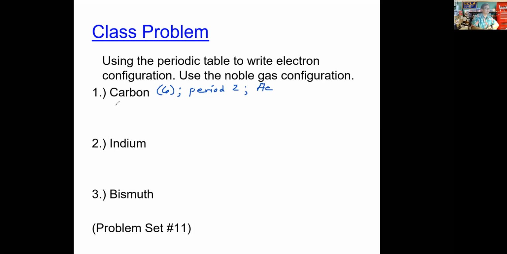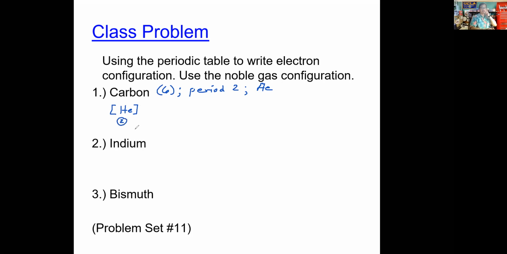Let's start with that. With the noble gas configuration, we put the noble gas within the brackets, and remember noble gases are all located in group 8A, the very last column on the right hand side of the periodic table. Helium is the noble gas that precedes carbon because helium occupies square number 2.